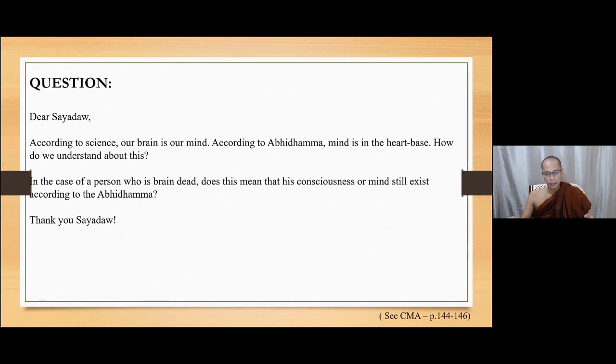Even now, if scientists practice meditation to find the heart base according to the instruction of a proper meditation teacher, they may be able to identify both ways: the brain according to science and the heart according to the Abhidhamma, and what the connection is. They may be able to solve their problems or missing parts.